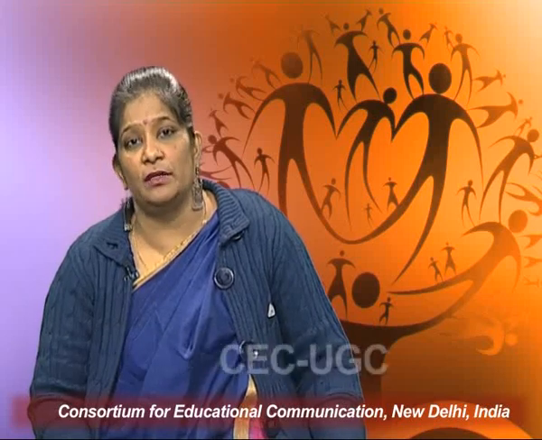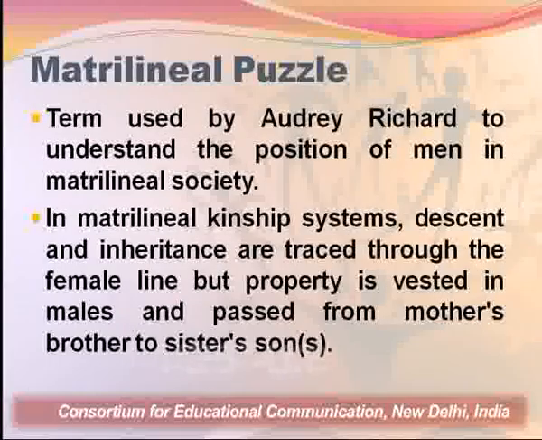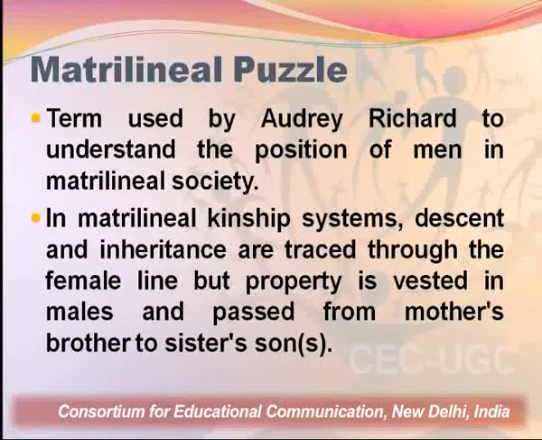But what is very interesting among matrilineal societies is a concept which Audrey Richards has given us, to understand the position of the male member in a matrilineal society, and this is considered a puzzle in contrast to what is happening in a patrilineal society. Just to clarify, in a patrilineal society the line of descent, the line of inheritance and ownership of property are all in the hands of a male member.